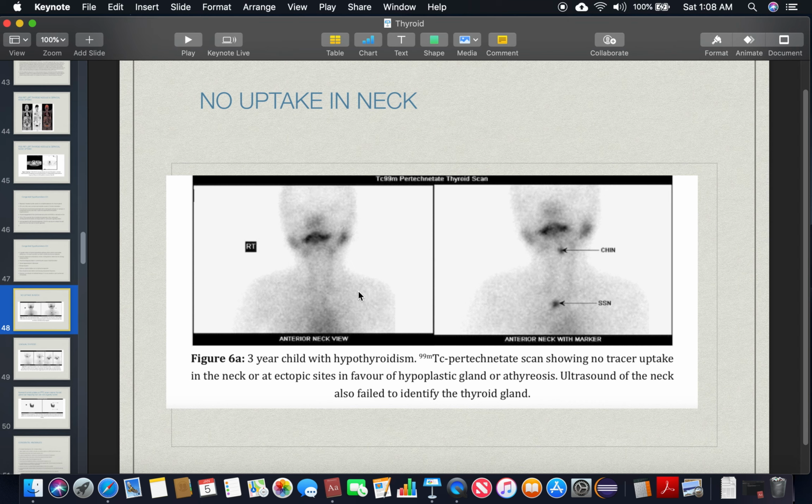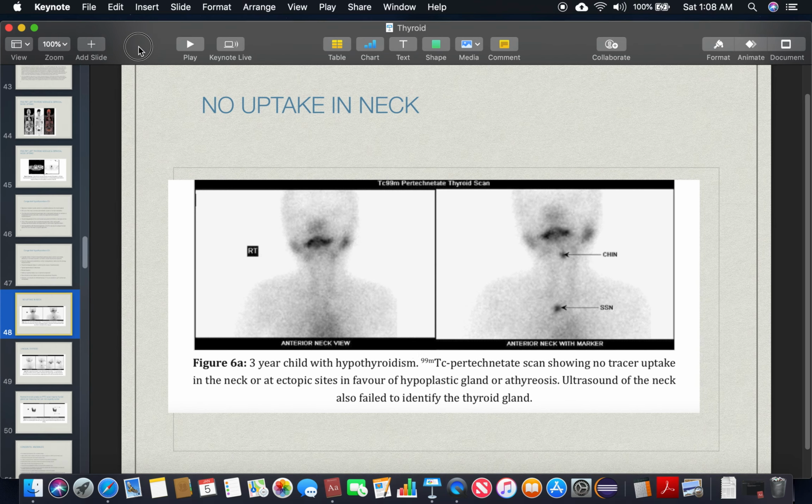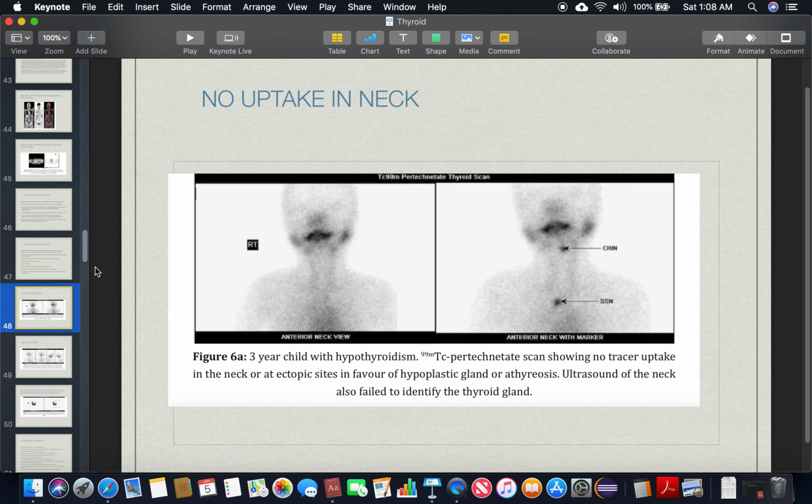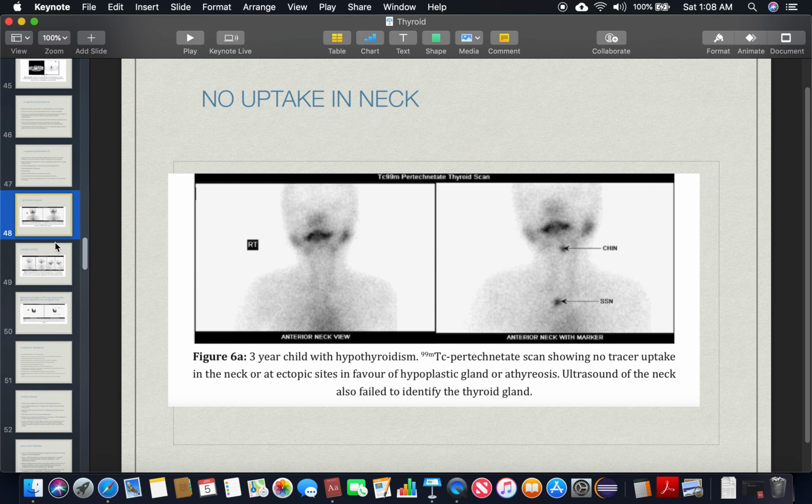If you were to do a pertechnetate scan, you would find uptake, whereas if you were to do an iodine scan, you would not find any uptake. That would tell you that there is a problem with the gland's ability to trap and organify iodine, and that is most commonly because of peroxidase deficiency.